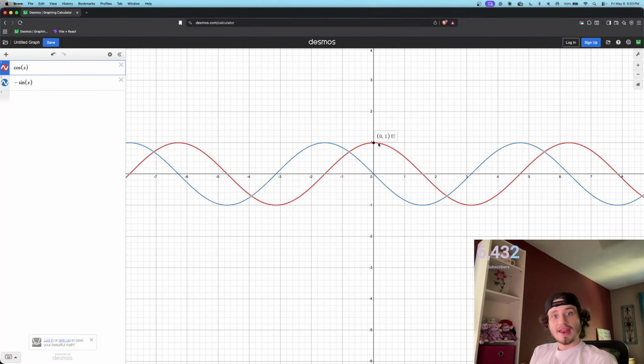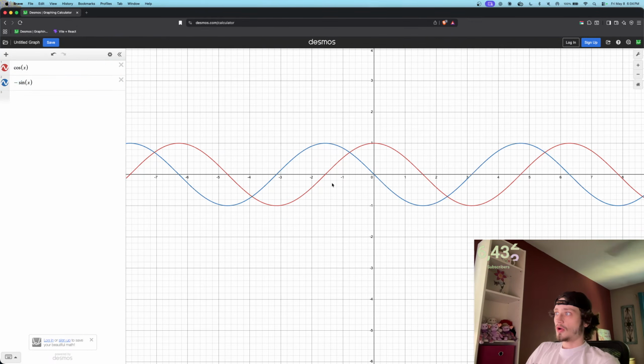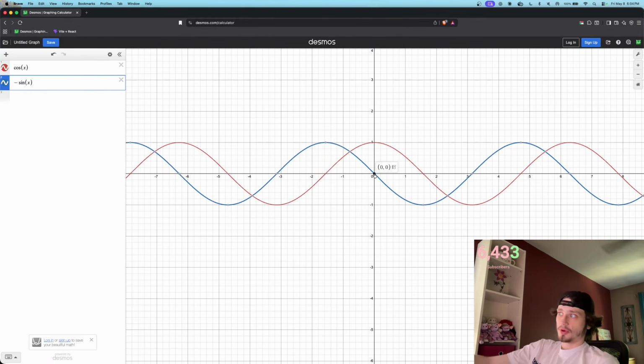We can figure that out by taking the derivative of cosine x and plugging in that value. So the derivative of cosine x is equal to negative sine x. We plug in 0, since we're trying to solve for the slope at 0 for cosine x, which is negative sine of 0, which is 0. The output is 0.